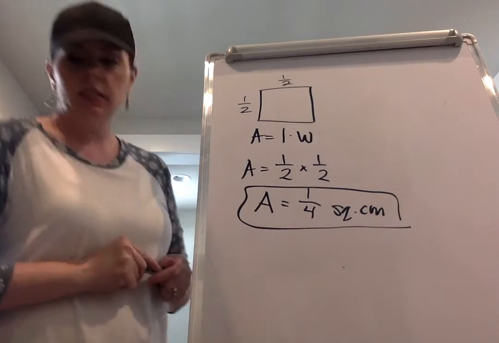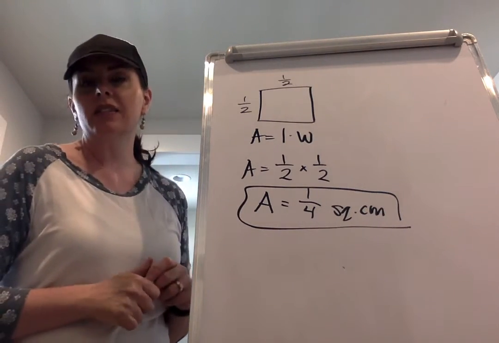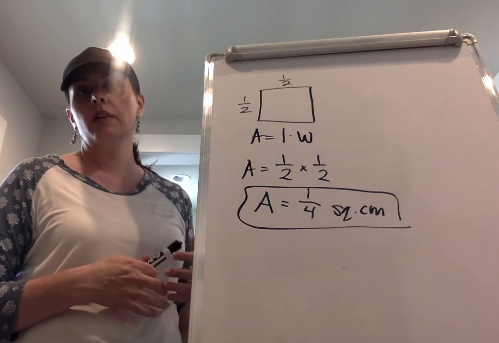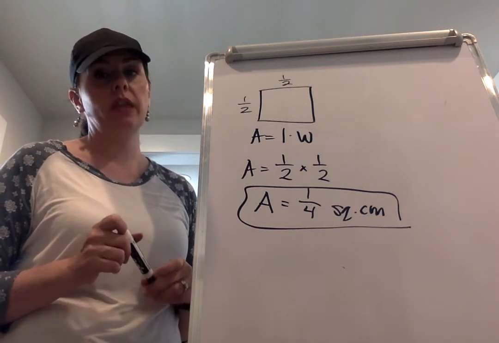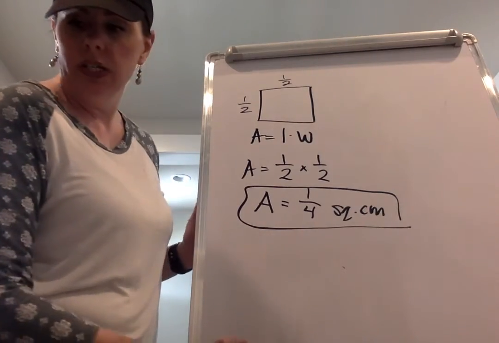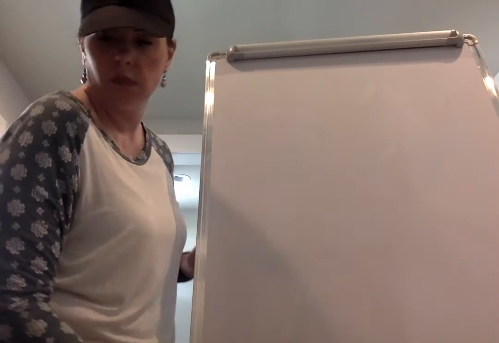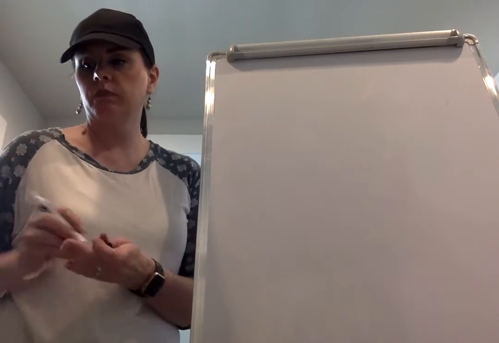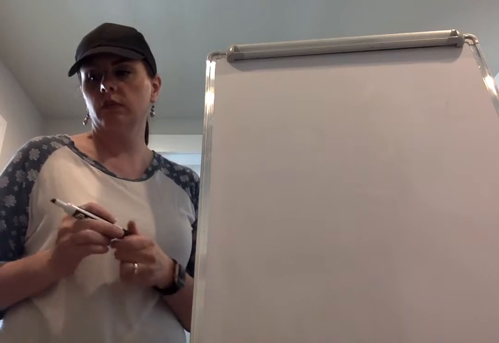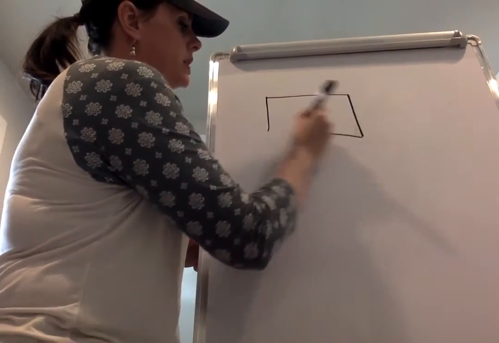Okay, one last thing that I want to cover is finding the side length of something when we know the area, but we don't know all the lengths of the sides. So look down at number 11. Okay, so number 11, we have kind of a bigger rectangle, right?